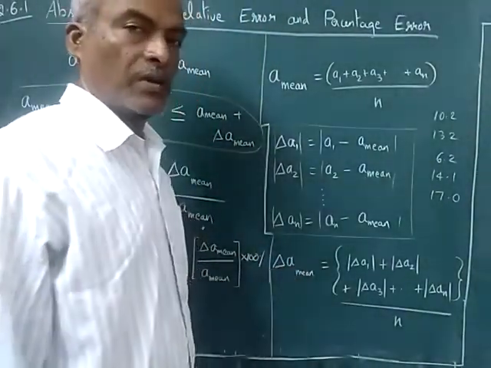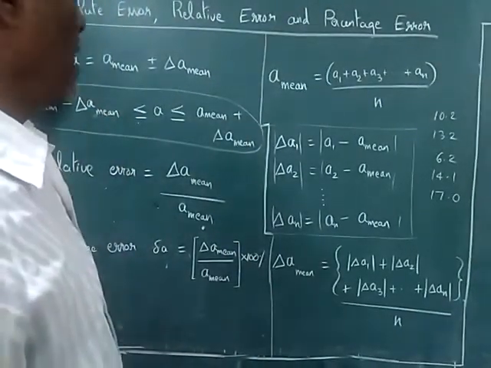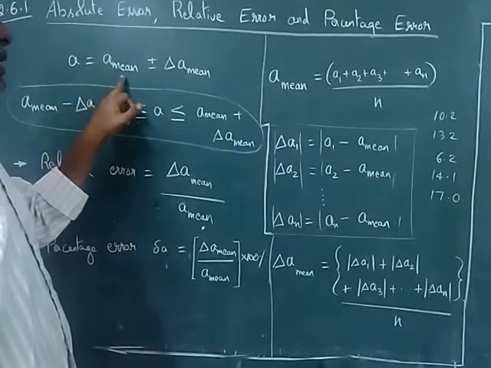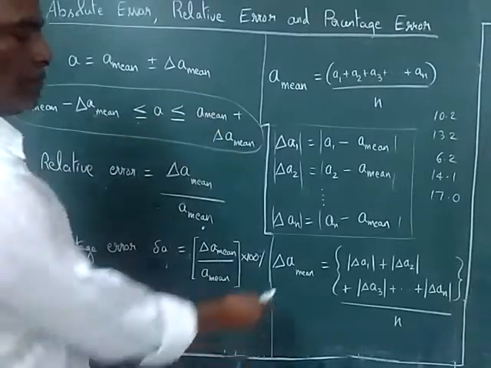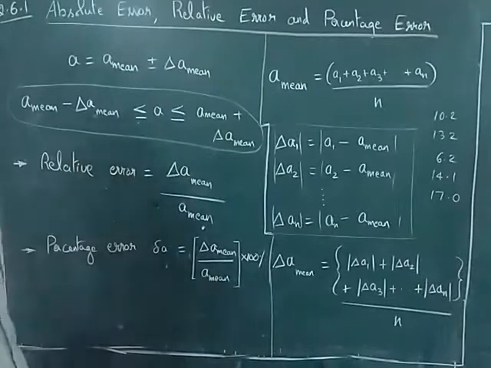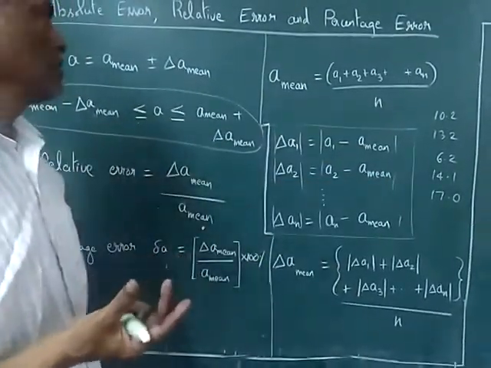Mean means average. Now generally A will be equal to A mean plus or minus del A mean. Del A mean is here, A mean is here, the average value of the particular measurement. In this case, for example, I have taken voltage measurement.